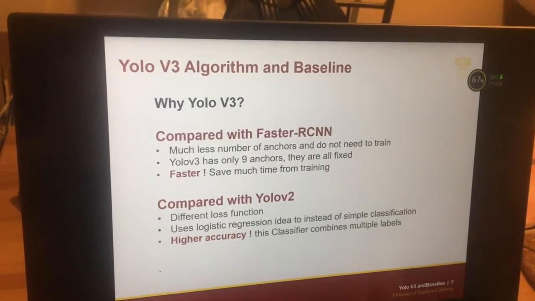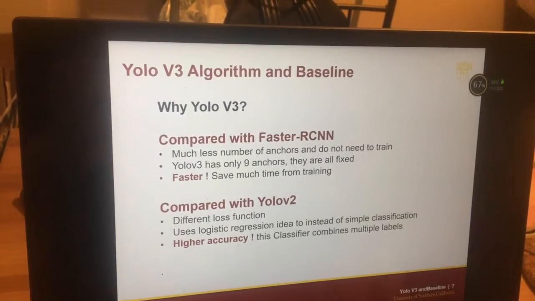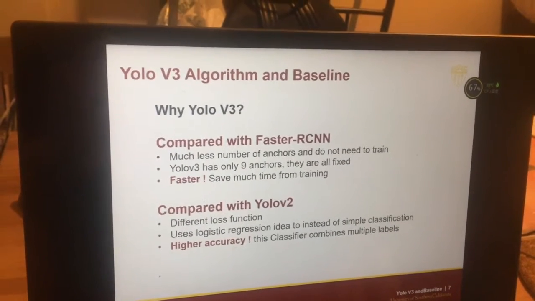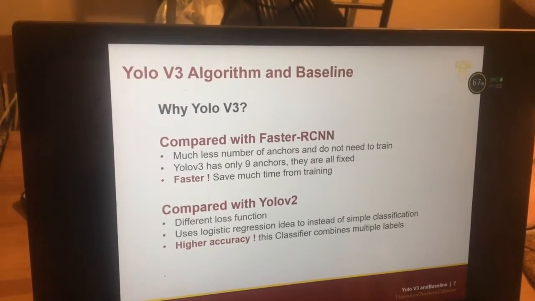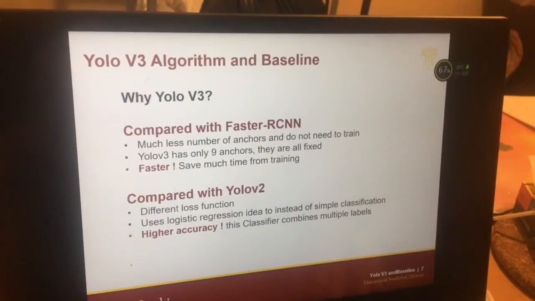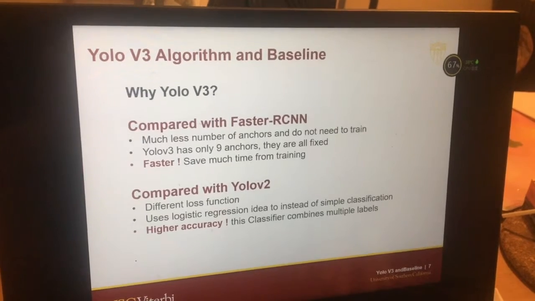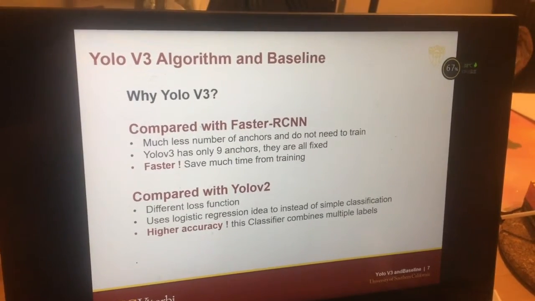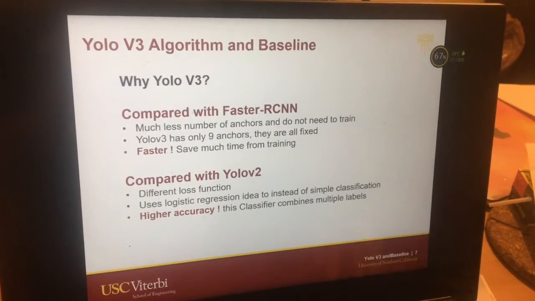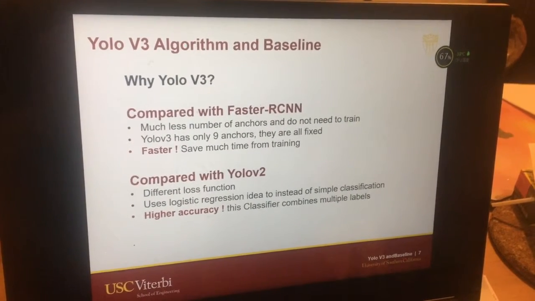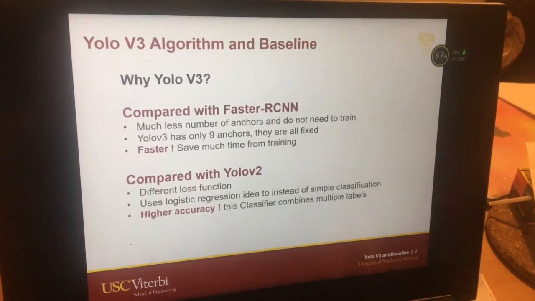Secondly, compared with YOLO V2, it has a different loss function. For example, YOLO V2 chose MSE as the loss function, while YOLO V3 used softmax to get the labels. Then YOLO V3 used the logistic regression idea instead of simple classification, and this will give us a higher accuracy.